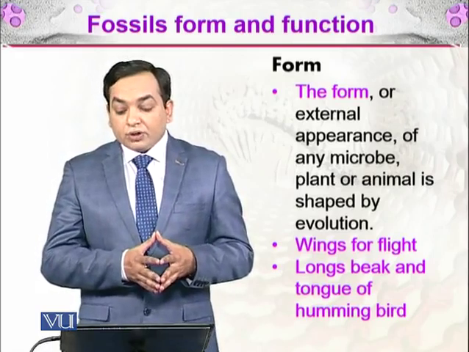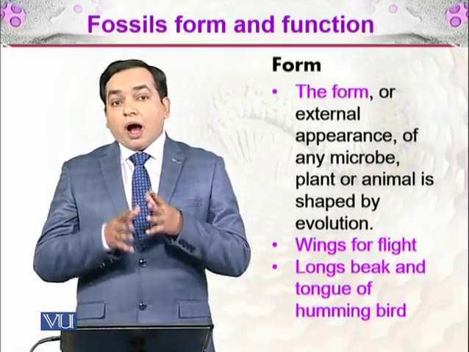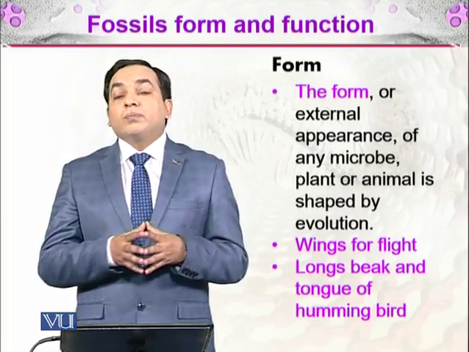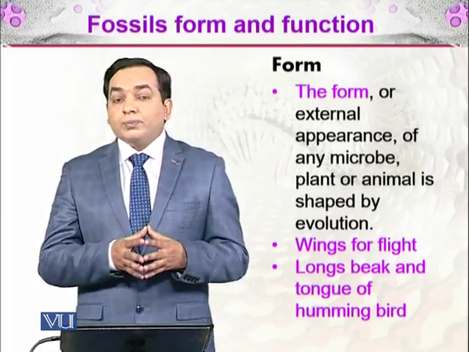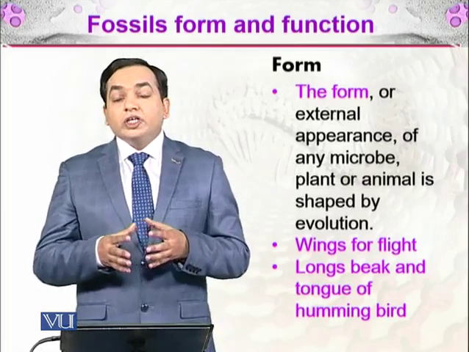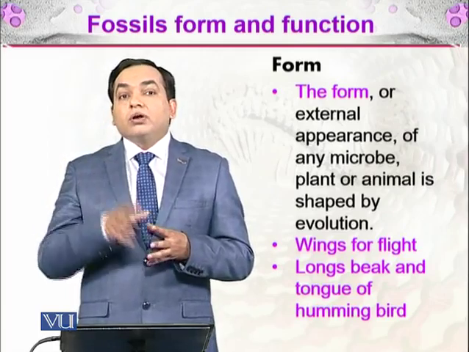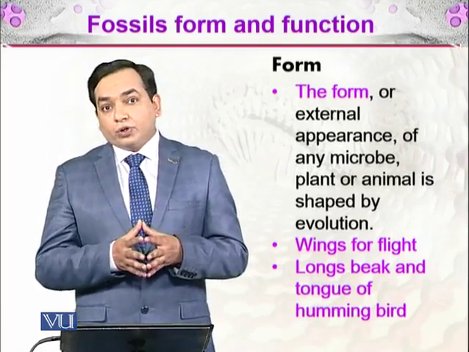And so is the case for the long beak and the tongue of the hummingbird. If we want to see how a beak which would have been used in the ancestors for a different purpose, now the hummingbird is using that beak and long tongue to reach particular flowers and to get the nectar from those flowers.